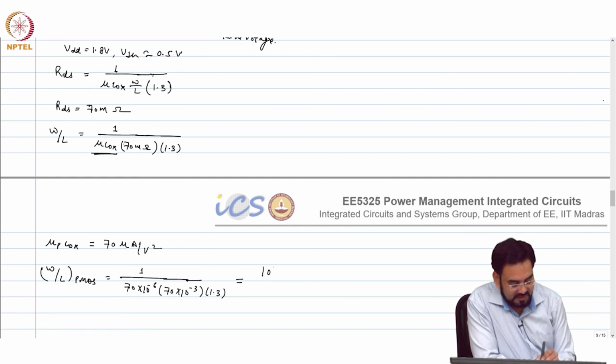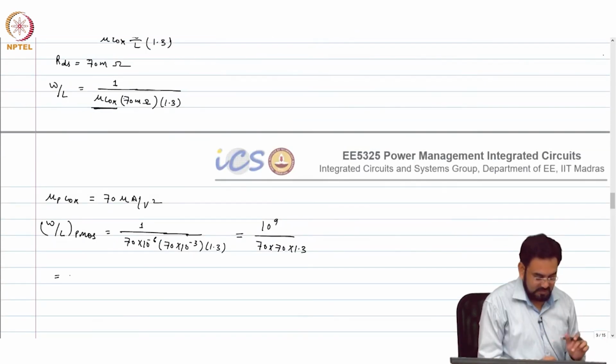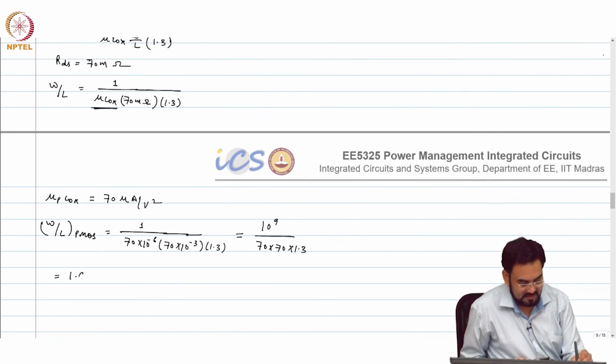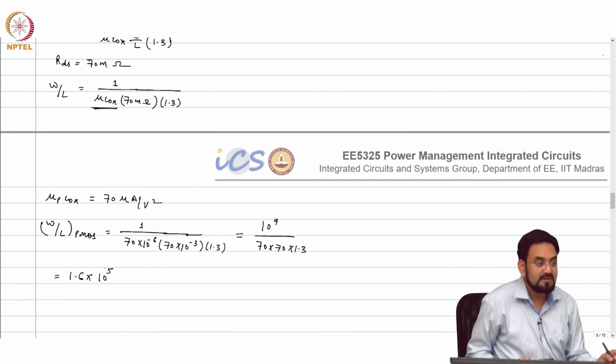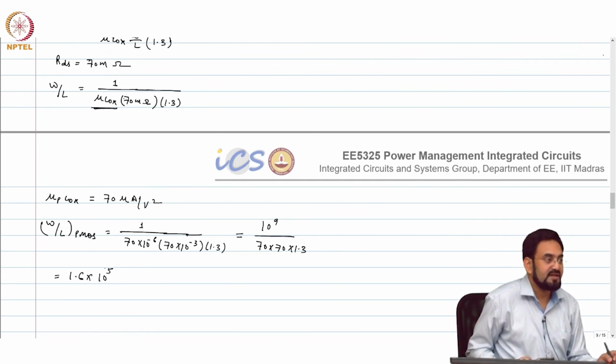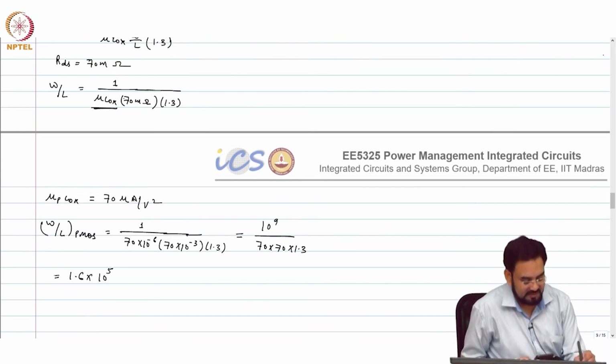So 10 to the power 9 divided by 70 into 70 into 1.3. 1.6 into 10 power 5. Correct? This is what you are getting? Yeah, it's fine, roughly approximately 1.6 times 10 to the power 5.